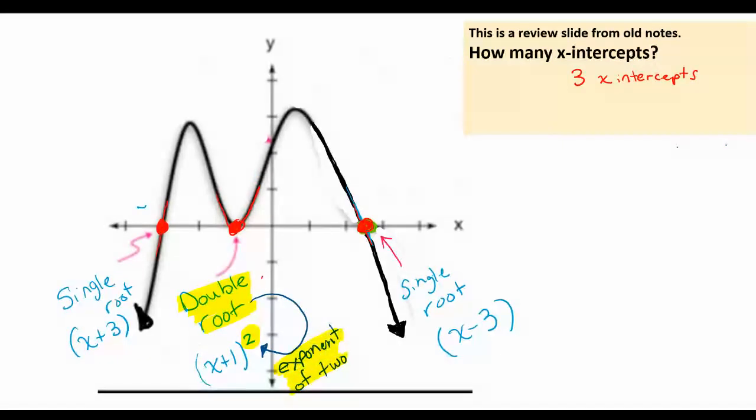So you'll see x squared. A single root where it goes right through is just parentheses, something like x minus 3. But a double root, you need to know that the graph bounces on the x-axis and it has an exponent of 2 when that happens.